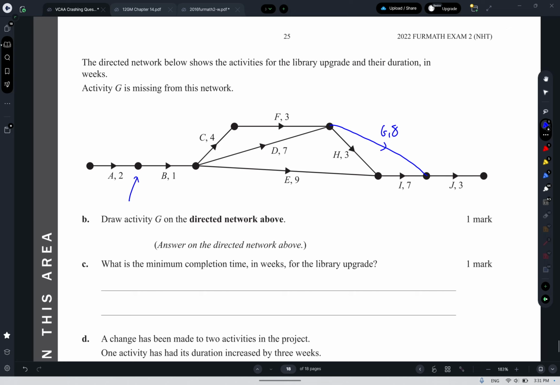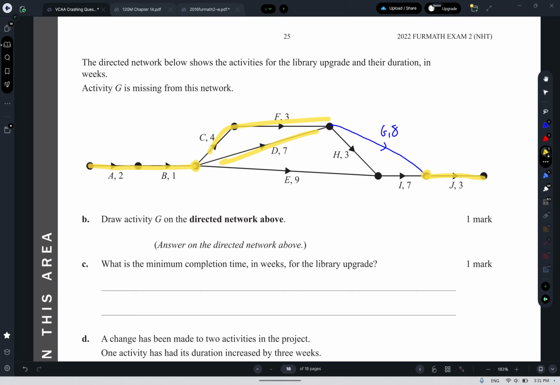Okay. Minimum completion time, so we're going to find the longest route through the graph. We know that these are going to be critical. And then to get from this vertex to this vertex, we're going to figure out how long it's going to take. So it's going to be 16 there. It could be 7 plus 3 is 10, plus 7 is 17, so that's longer. We can see that the 4 and the 3 is going to be the same as the 7.